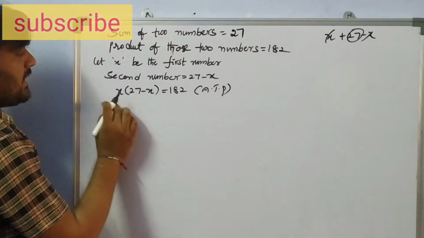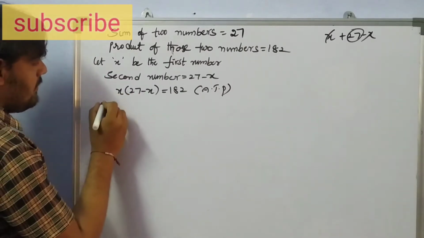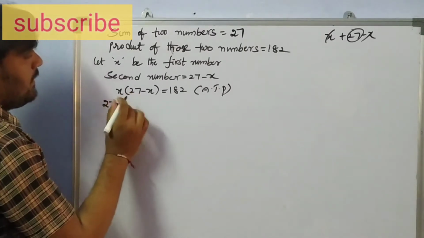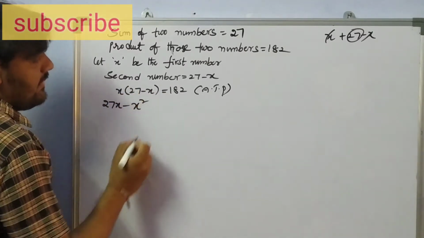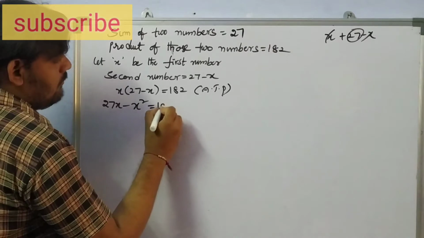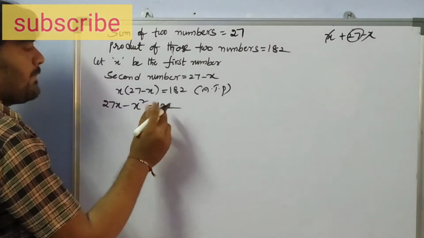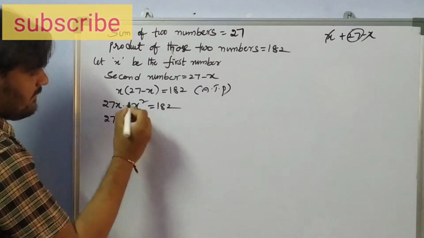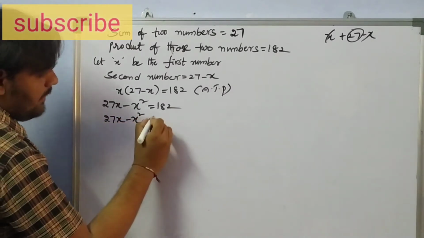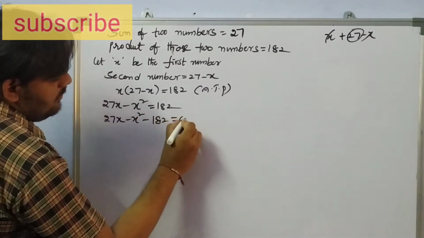Now if you multiply x into 27, we get 27x, and minus x into x gives minus x square, is equal to 182. Bringing 182 to the left side, 27x minus x square minus 182 is equal to 0.